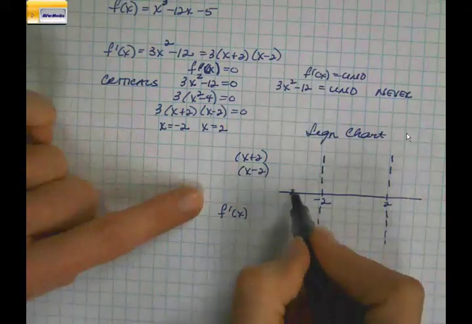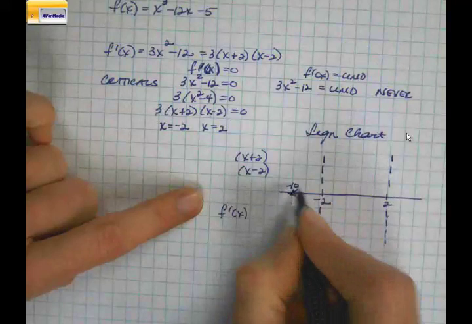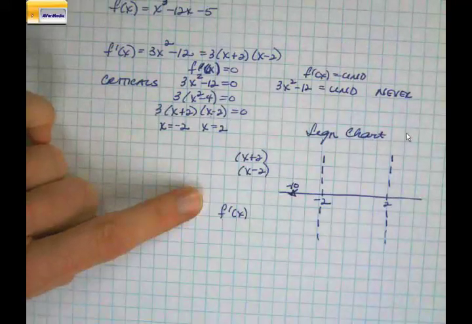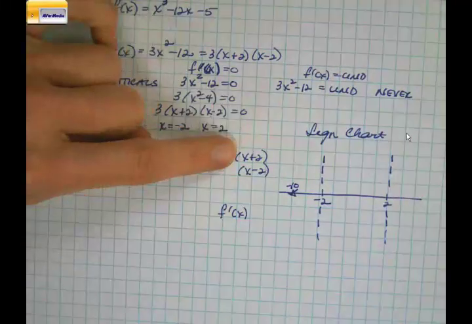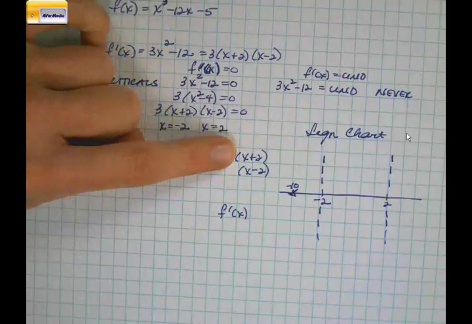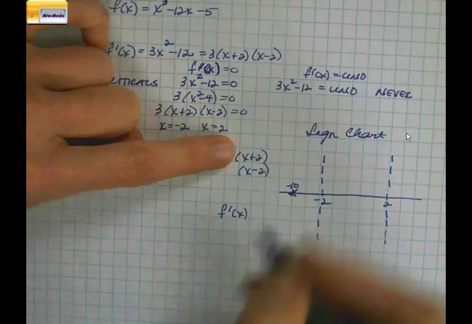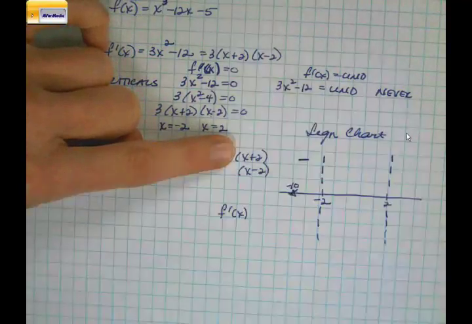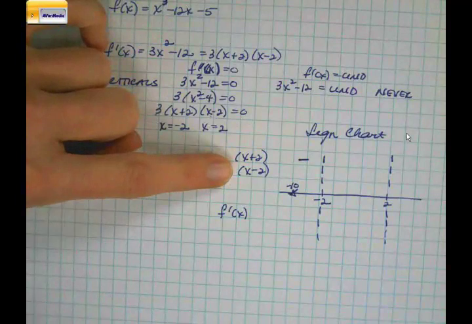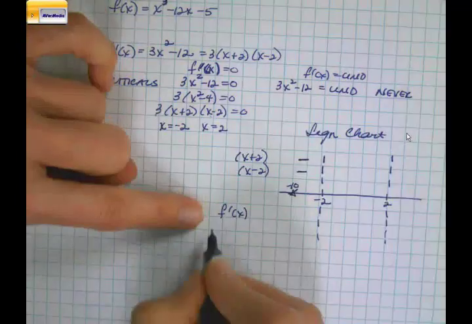To the left of negative 2, I pick a test point, maybe negative 10. I put it into the binomials and find out if each is positive or negative. Negative 10 plus 2 is negative 8, which is a negative value. Negative 10 minus 2 is negative 12, which is also negative.